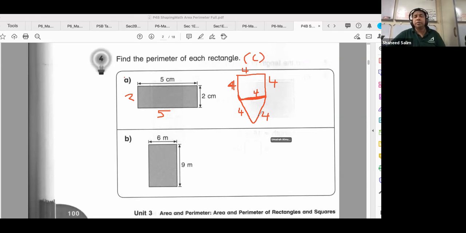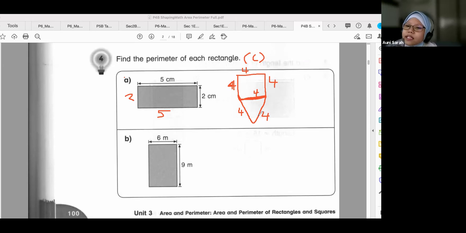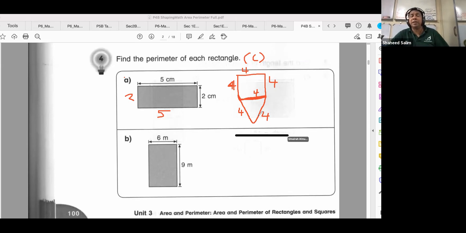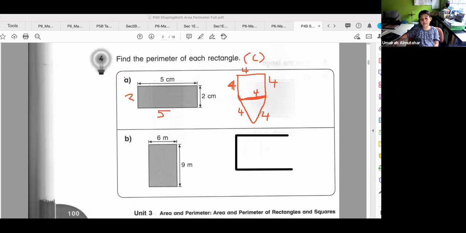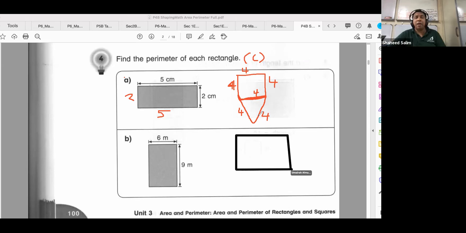Is it going to be better than mine? Maybe. Perimeter is only the outside, right? Yes. Umaira, you must remember the clue Auni has just given. She says perimeter is only the outside. Yes, Auni, congratulations. All three, you got it right.